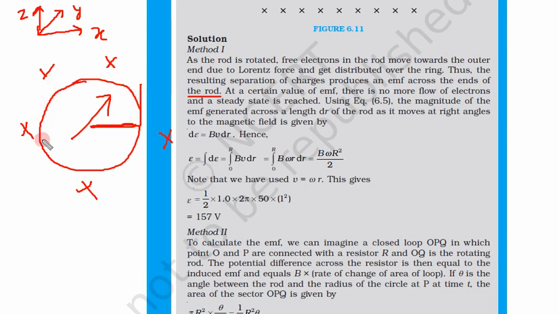Since this is circular motion, the velocity at every point is changing, but let us take it here. Initially, the direction of velocity is the z direction, and the direction of the magnetic field is the y direction. Let us see in which direction we will have the force. F is equal to Q V cross B.